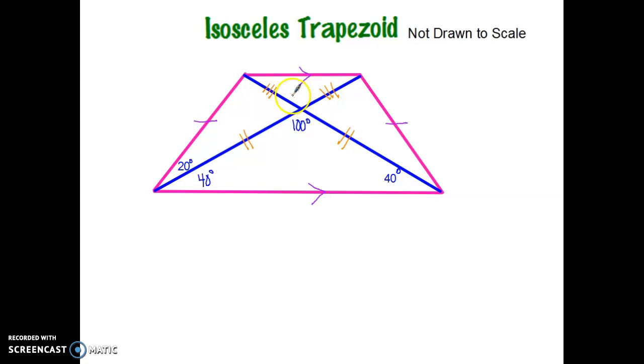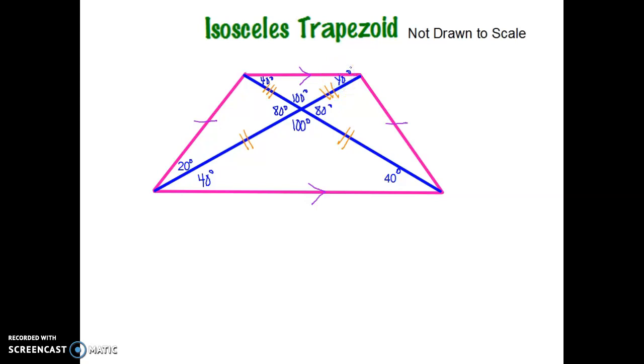Then I can find its vertical angle. I can get its linear pairs. And then last, I'm going to look at the top isosceles triangle. If my vertex angle is 100, that means each of these should be 40 degrees.